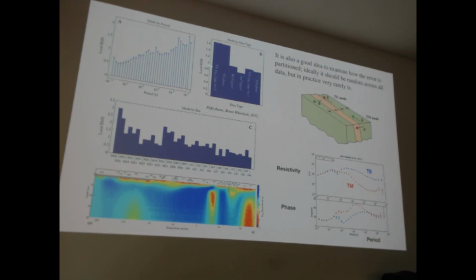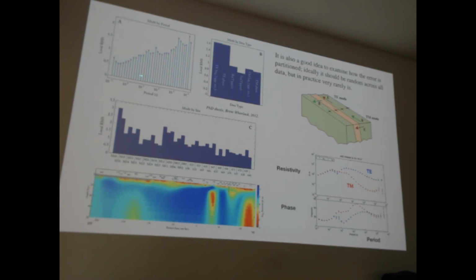So it's not unusual for 2D models for the TE mode to have bigger error bars, to be misfit more than the TM mode, because the model can put in surface variations to fit the TM data, but it can't put in along strike variations to fit the TE data. So this is a measure of the model not really being 2D.